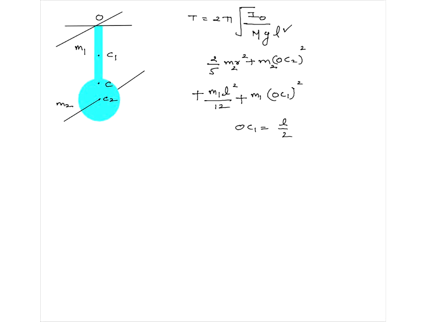Okay, there is a private message. Can we write IO equal to M1 plus M2 times OC square? Oh, that's dangerous.